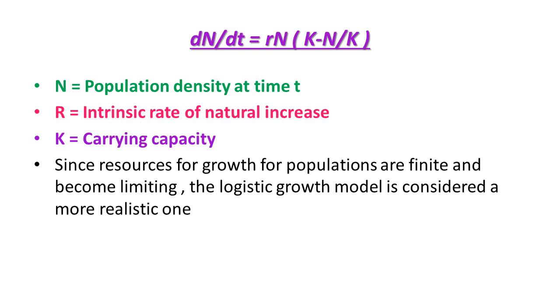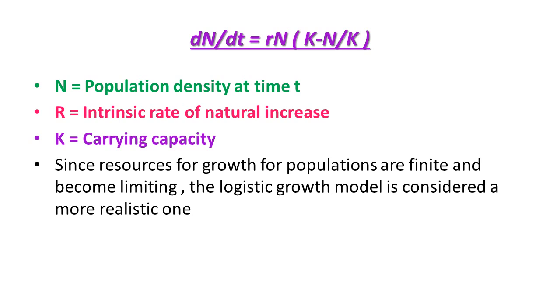Now here capital N is population density at time small t, small r is the intrinsic rate of natural increase, and capital K is carrying capacity. Resources for growth for most animal populations are finite and become limiting sooner or later. The logistic growth model is considered a more realistic one.